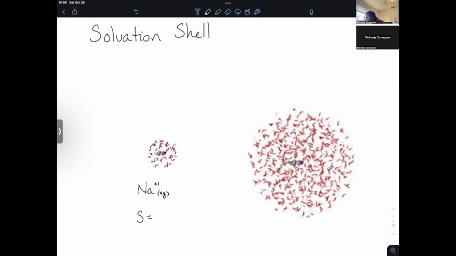It has a positive entropy of 58.45 joules per Kelvin. Again, when entropy is positive, that's a good thing. That's what the universe wants. That means more disorder. Because sodium has a small solvation shell, dissolving sodium in water is entropically favorable.